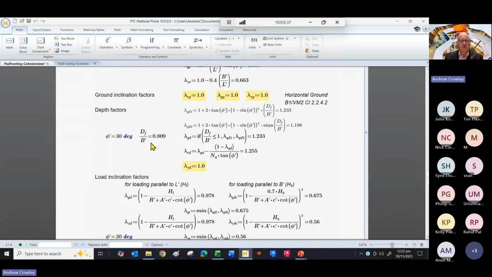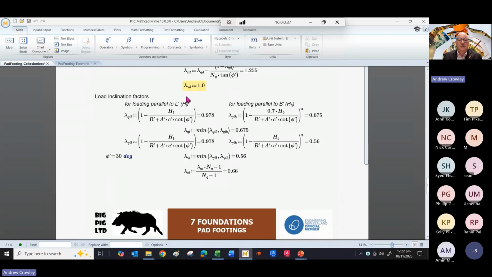And because our depth to width ratio is less than 1, we take the first value, which gives a lambda QD of 1.23. And lambda CD is worked out based on the lambda QD as 1.25. And lambda gamma D is 1.